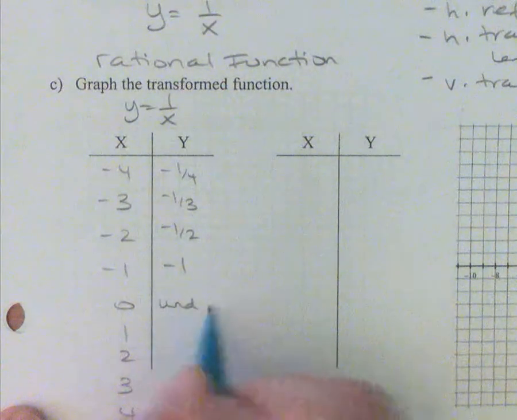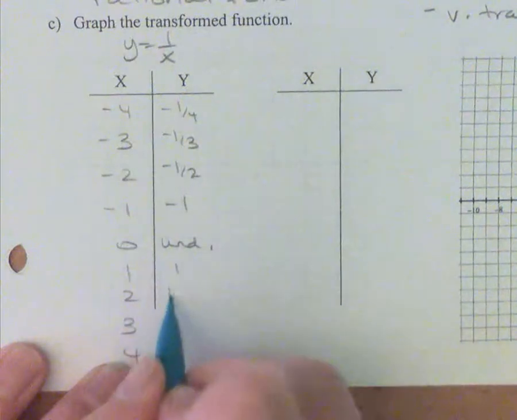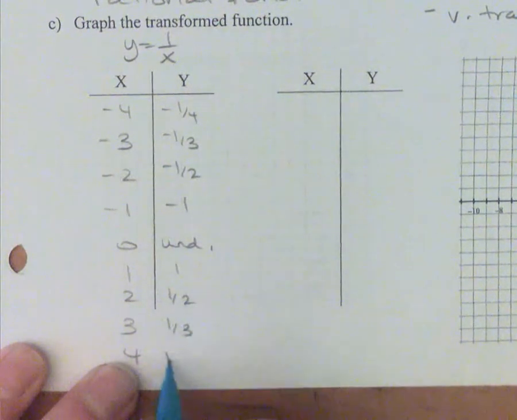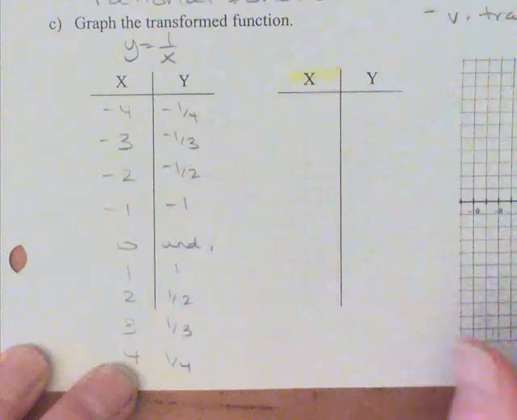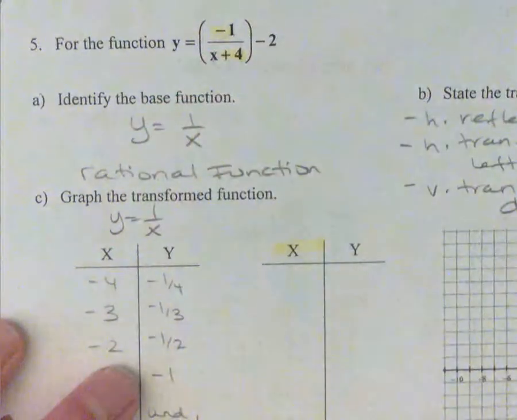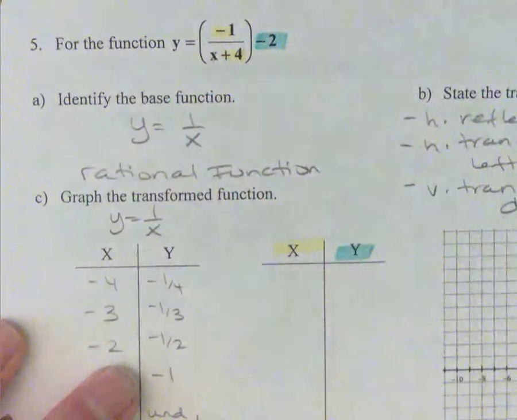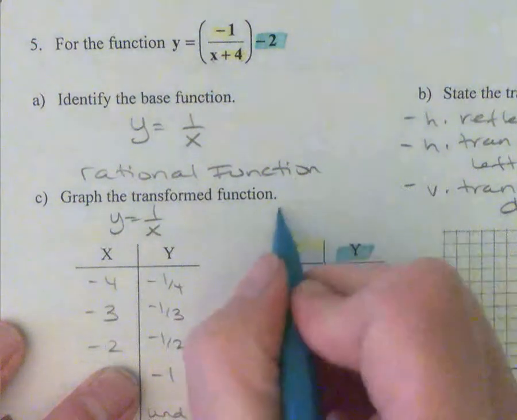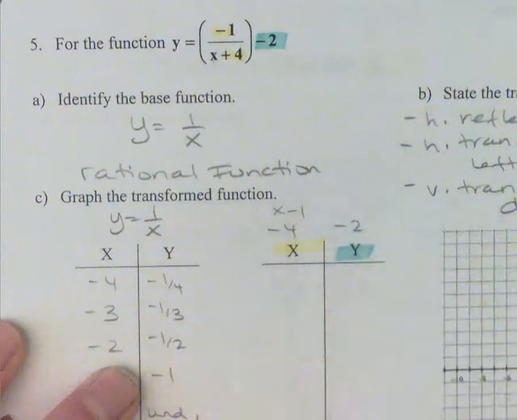So what I get is undefined. Then I get 1, a half, a third, a quarter. X will be affected by anything on the inside, so the plus 4 and the negative. Y will be affected by anything on the outside. So it means I can multiply by negative 1 and subtract 4, and then I can subtract 2.